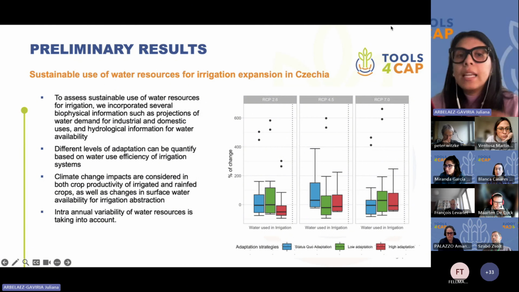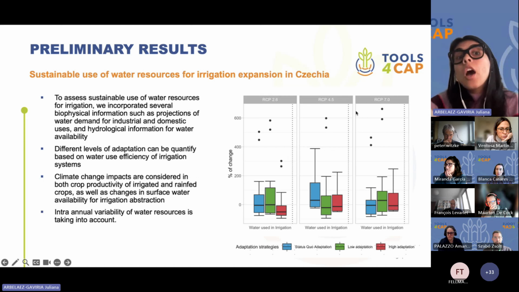So yes, irrigation could potentially be an adaptation strategy beyond just the south of Europe, but we need to be mindful of knowing the biophysical limits of the resources to be able to implement strategies that are both environmentally sustainable and also provide a gain or an opportunity to buffer out the negative effects of climate change.